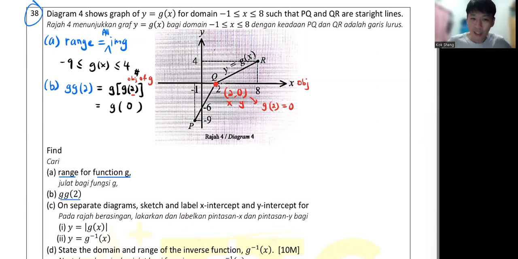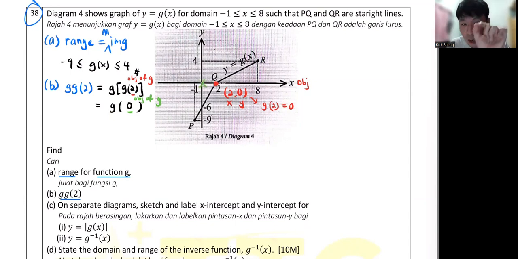And then repeat the same thing. Now this 0 in the bracket is the object of g again. So look at the graph again. The 0 is the object, right? So you see where's the point here? This one.